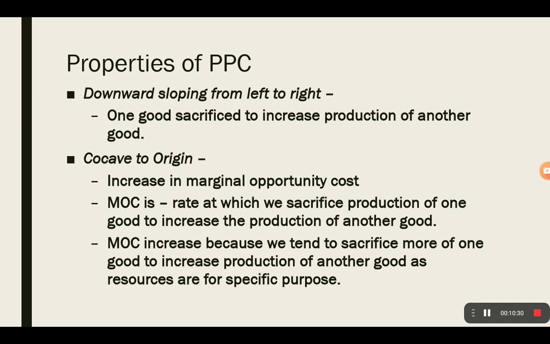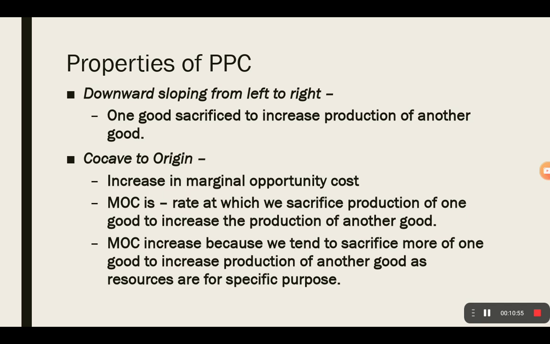The second property says PPC is concave to origin. PPC is said to be concave to origin due to increase in marginal opportunity cost, that is MOC. It is also known as marginal rate of transformation. What is MOC?